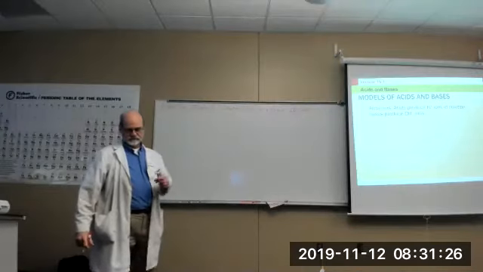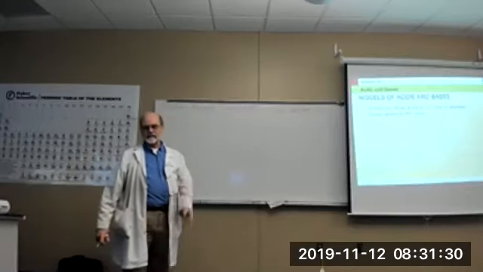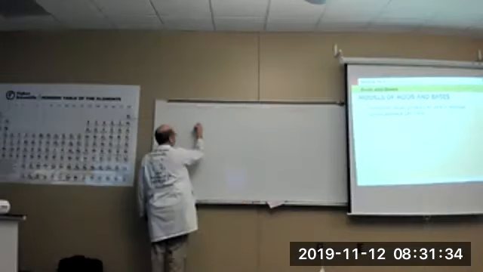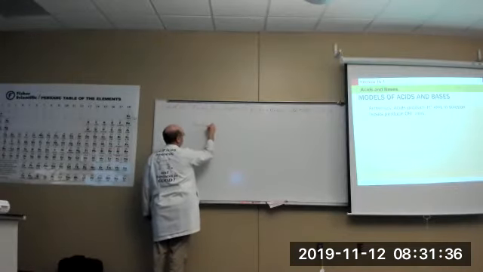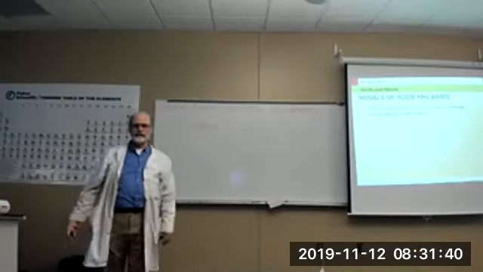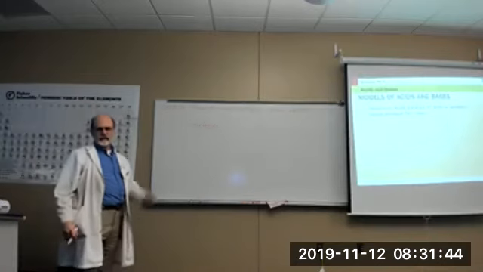Concepts. What did early chemists think of acids and bases? Okay, Arrhenius. I don't remember where Arrhenius was from. I think Arrhenius was Swedish or Danish, one of those two.